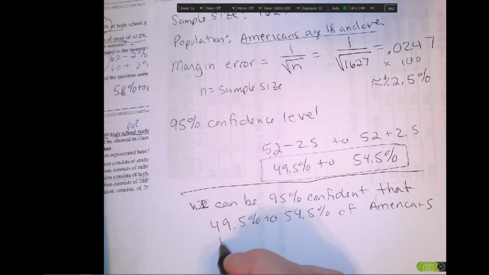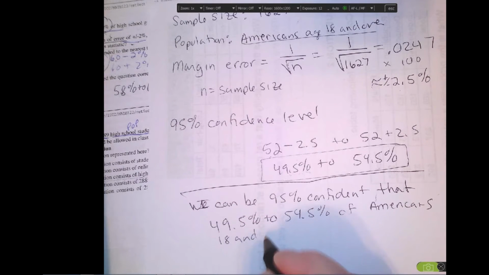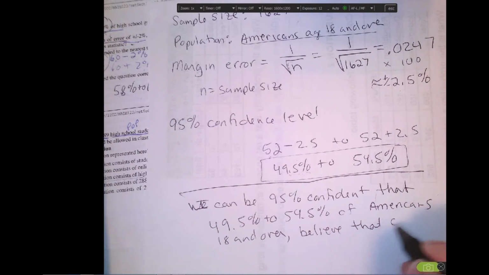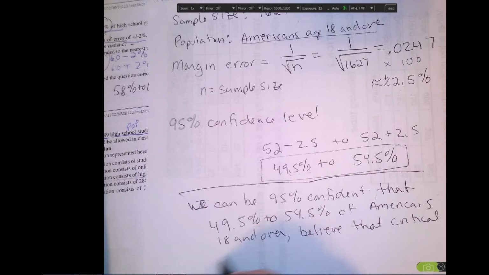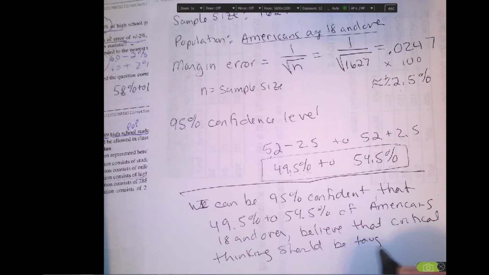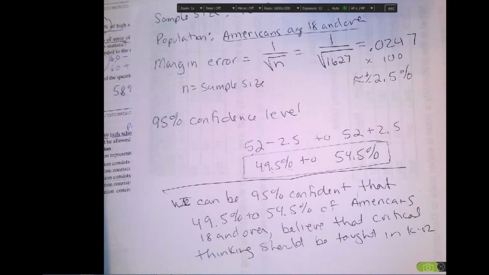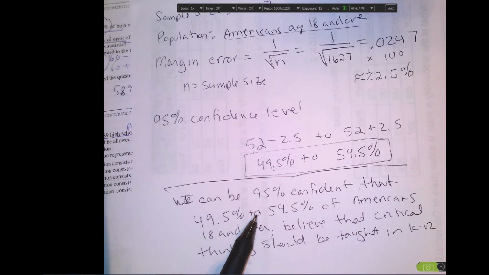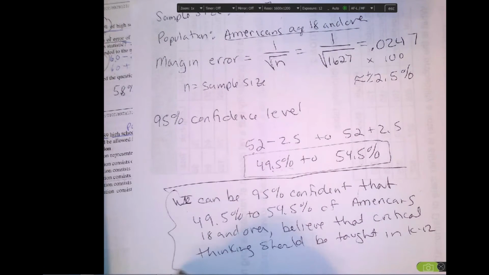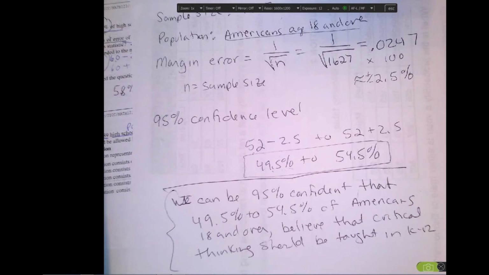Americans 18 and over. And what do they believe? Believe that critical thinking should be taught in K to 12. Okay? You need to practice writing this. Even though you're clicking the bubbles, you need to write it 5 or 6 times so that you're prepared to write it yourself on the test.